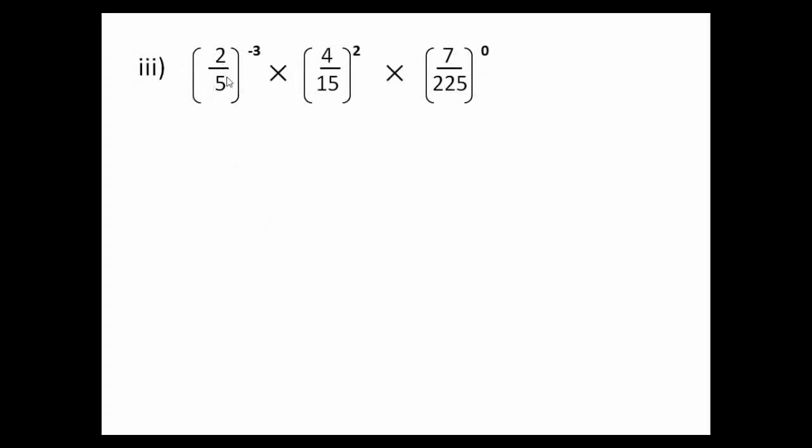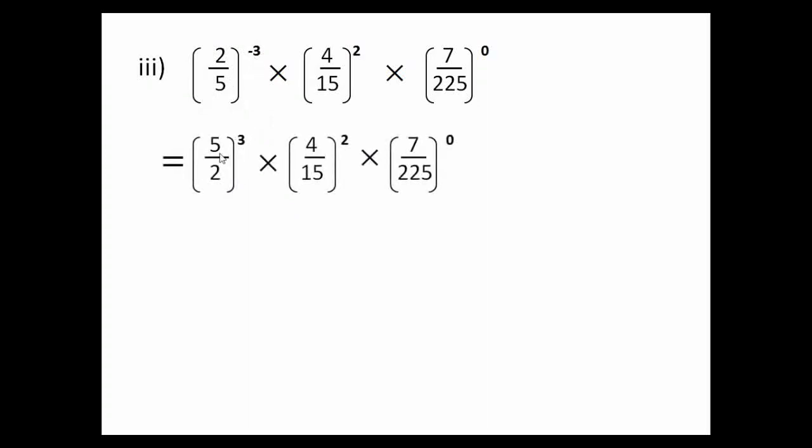(2 by 5) whole raised to the power negative 3 multiplied by (4 by 15) whole raised to the power 2 multiplied by (7 by 225) whole raised to the power 0. Now here let's first change this exponential number with the negative exponent to positive.